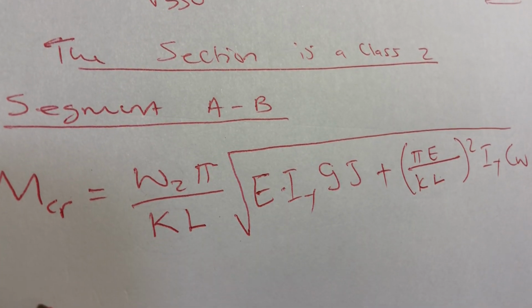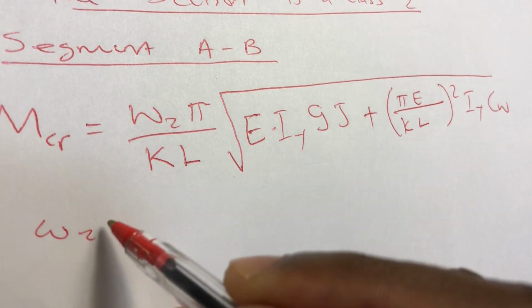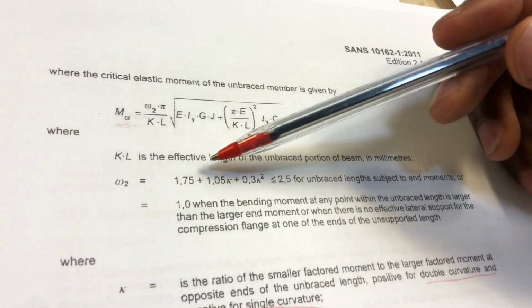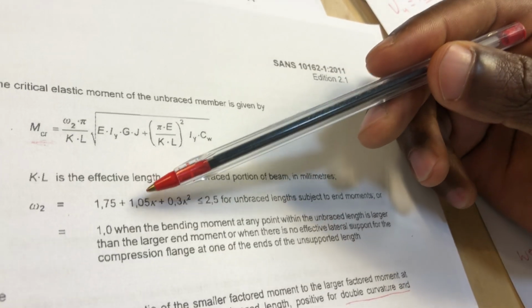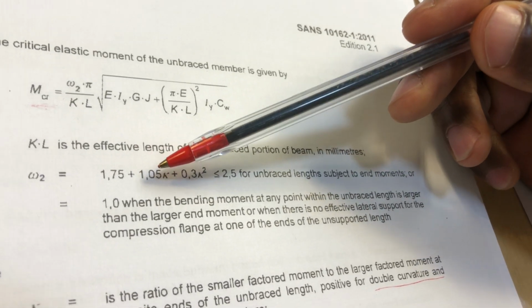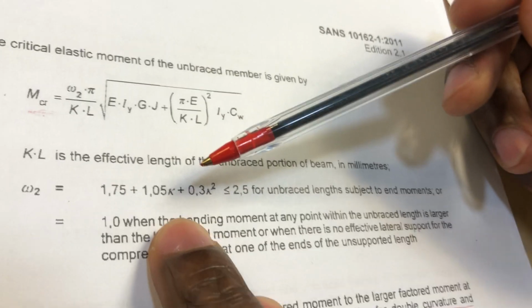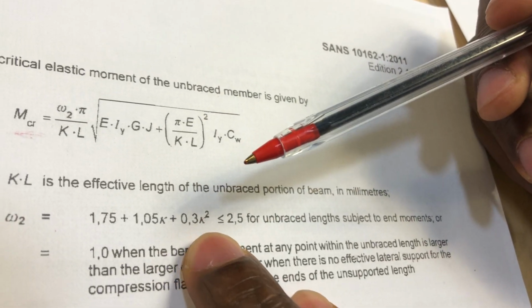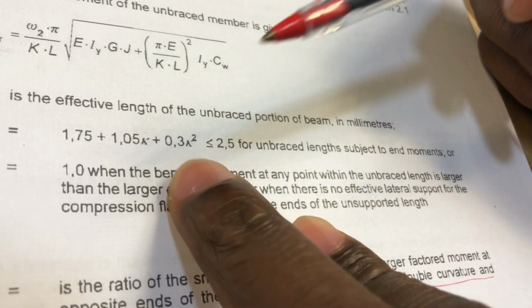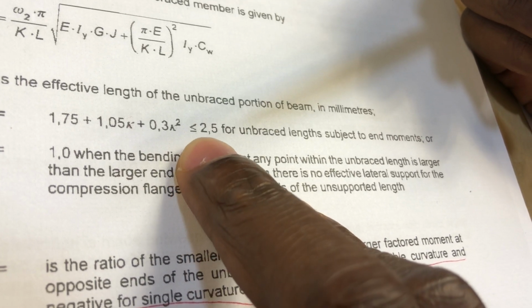We are given that ω2 in the code book is 1.75 plus 1.05 κ, this is small kappa, plus 0.3 κ squared.